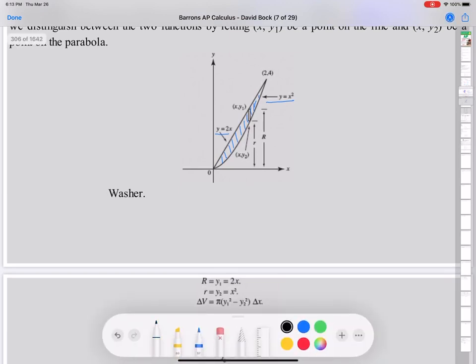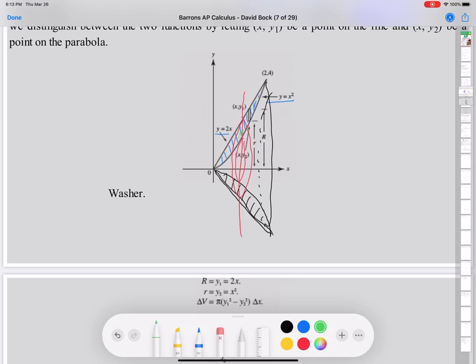Something like this, right? If the boundary region is rotated about the x-axis, we get this kind of shape. If we cut the middle, perpendicular to the x-axis, the cross-sections will be donut shapes: the bigger circle's area minus the smaller circle's area.